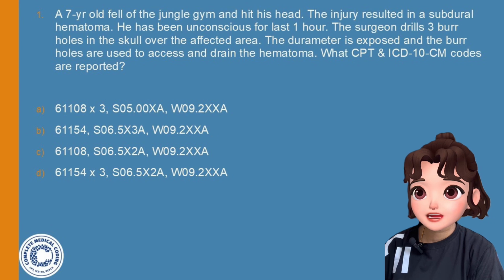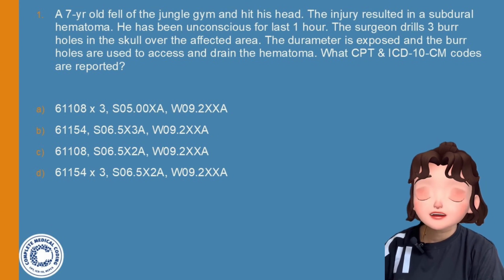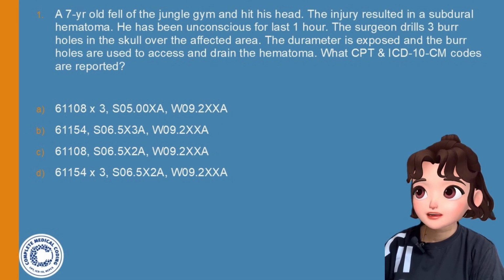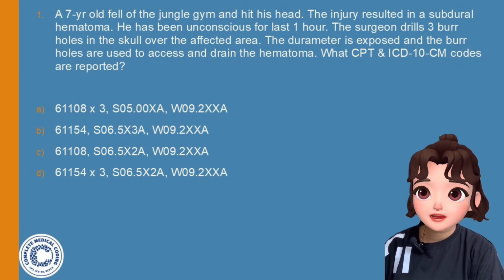The surgeon drills 3 burr holes in the skull, in the subdural area, because of subdural hematoma. So burr holes is the procedure here. And what is the ICD code? The diagnosis? Fall and injury is a diagnosis.